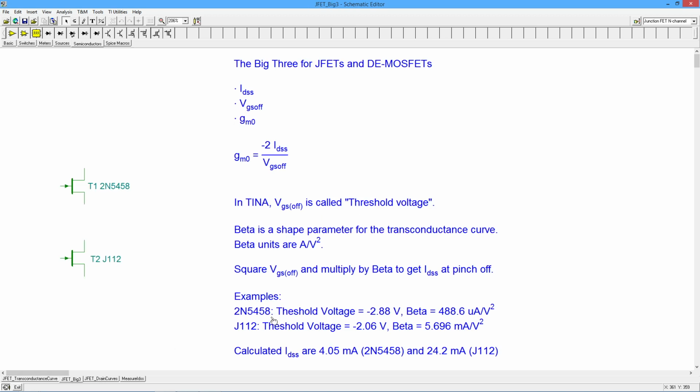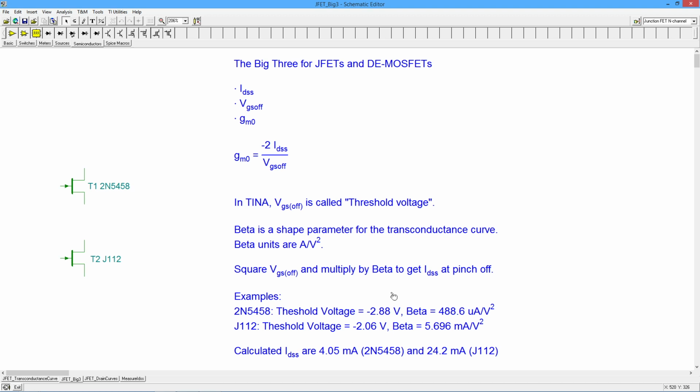Let me just go back here. All right, so if you have a transistor like the 5458, and it says the threshold voltage is sitting at negative 2.88 volts, if your circuit is biased where VDS is around 3 volts, well, that's great. Things are going to work out fine. But what if the VDS in your circuit's 10 volts or 15 volts, 20 volts?